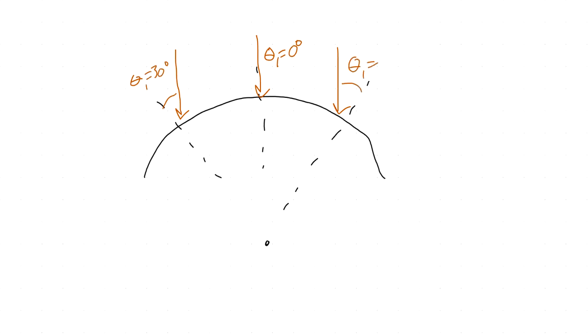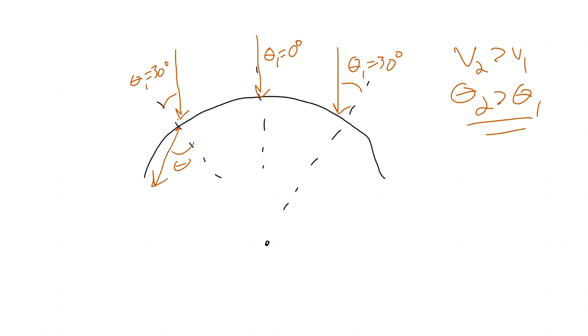And say V2 is greater than V1. So theta 2 is greater than theta 1, for example. If there was no speed change at all, it would go straight through. So this is going to bend outward. So we need to bend this outward like this. So theta 2 is greater than 30.